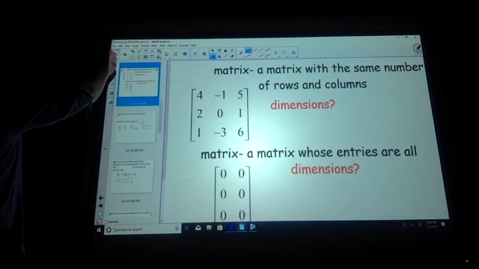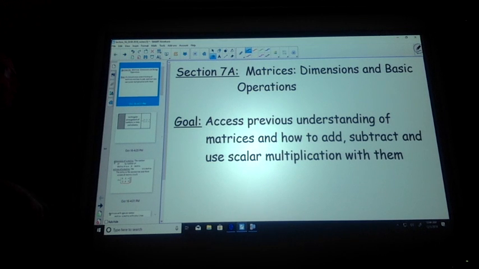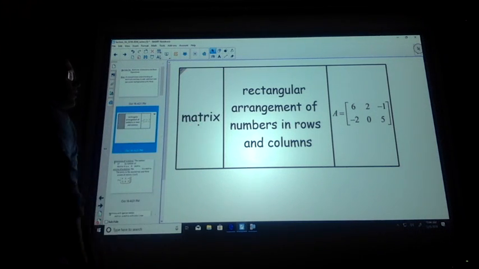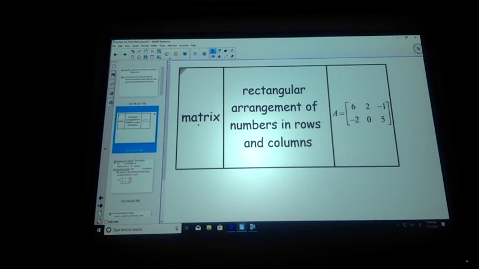So let's get into the beginning of this. We're going to start working on an understanding of this. So a matrix is a rectangular arrangement of numbers in rows and columns. So that over there would be a 2-row by 3-column matrix. Agree?